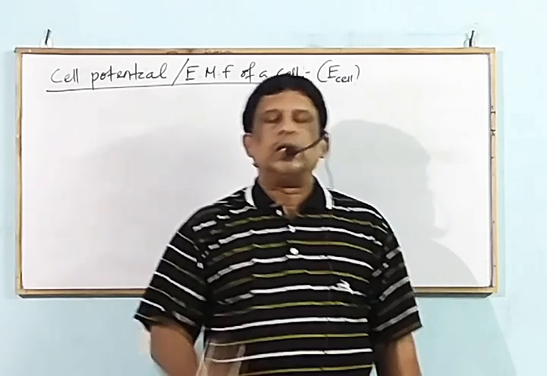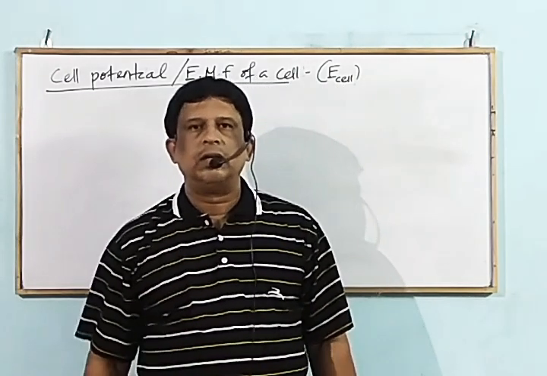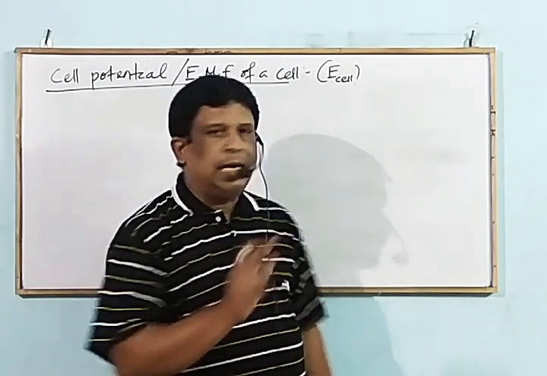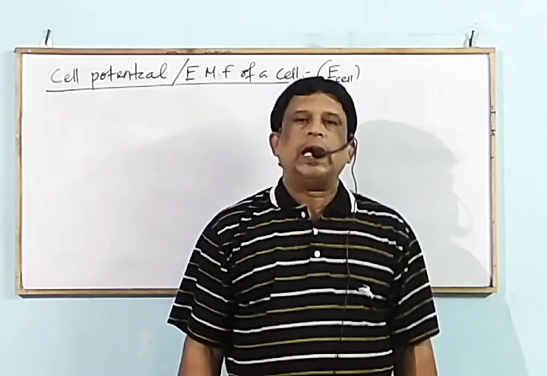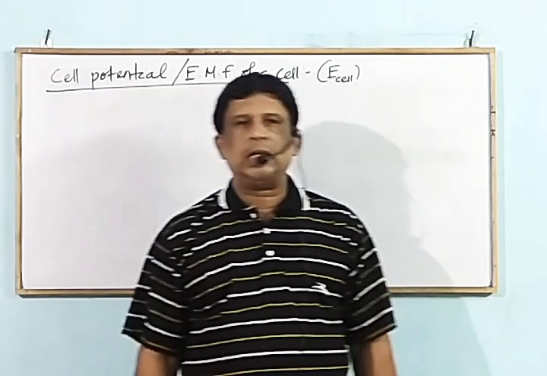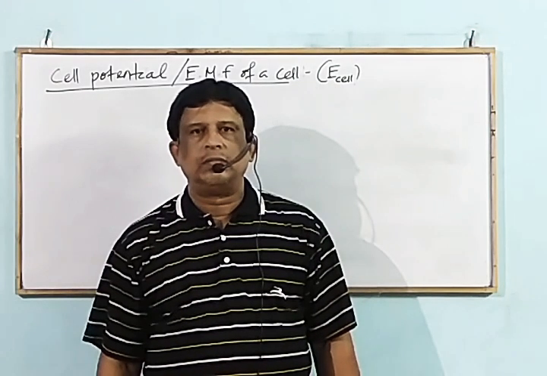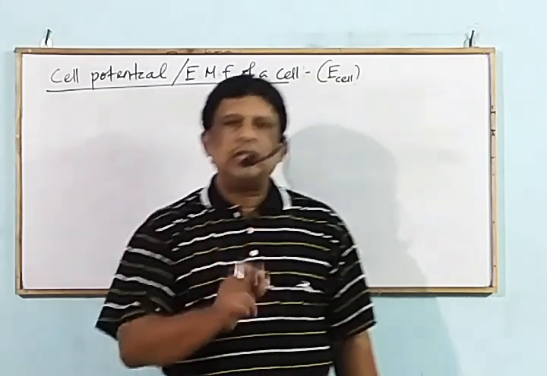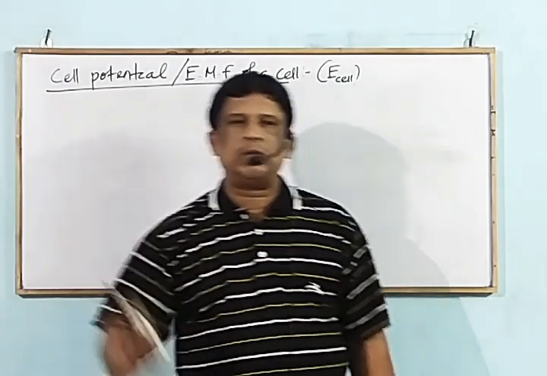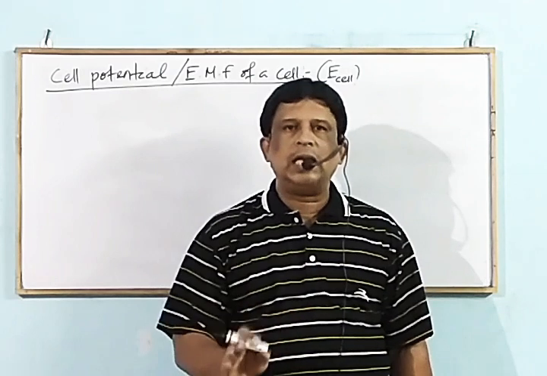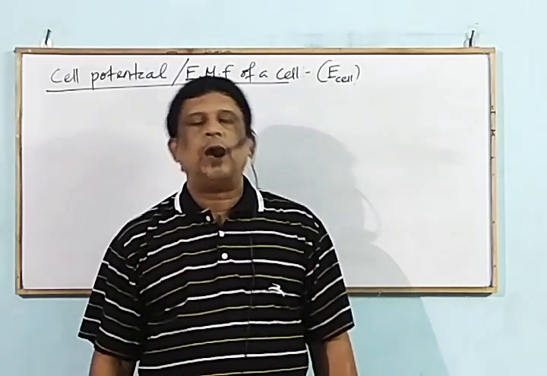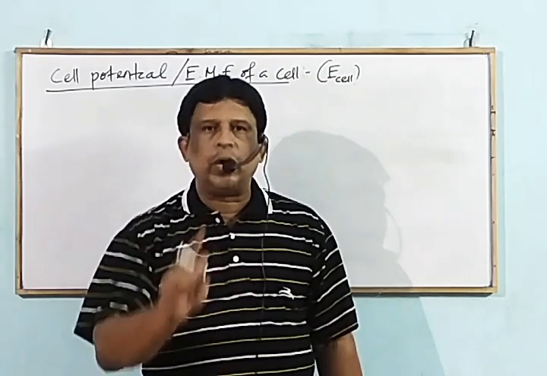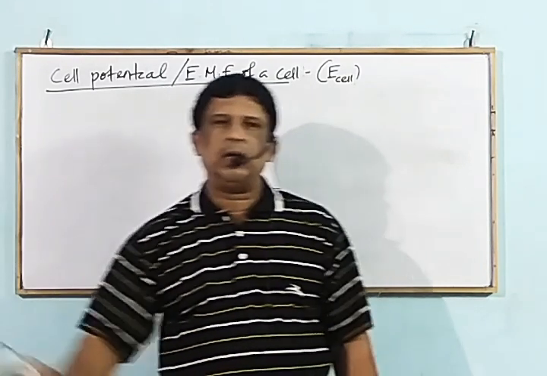I read again. The difference in electrode potential value of the two half cells is known as cell potential, and it is known as electromotive force. The cell potential is known as EMF, electromotive force of a cell, when no current is drawn from the cell.